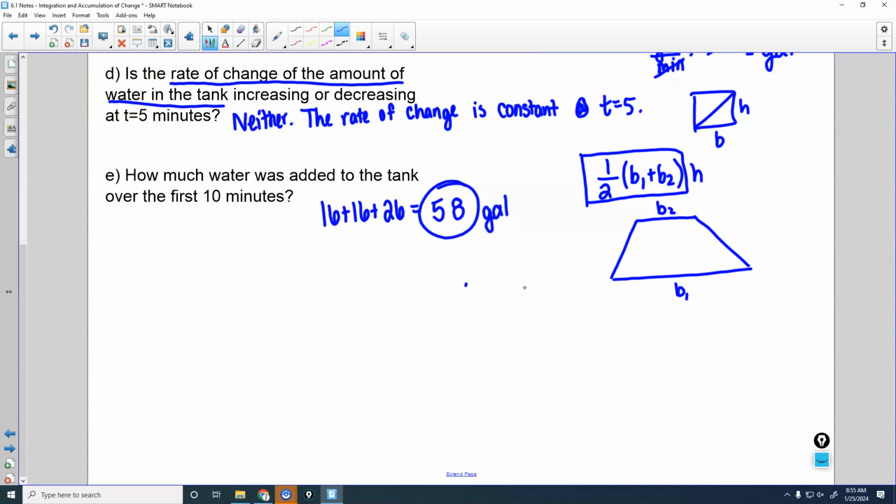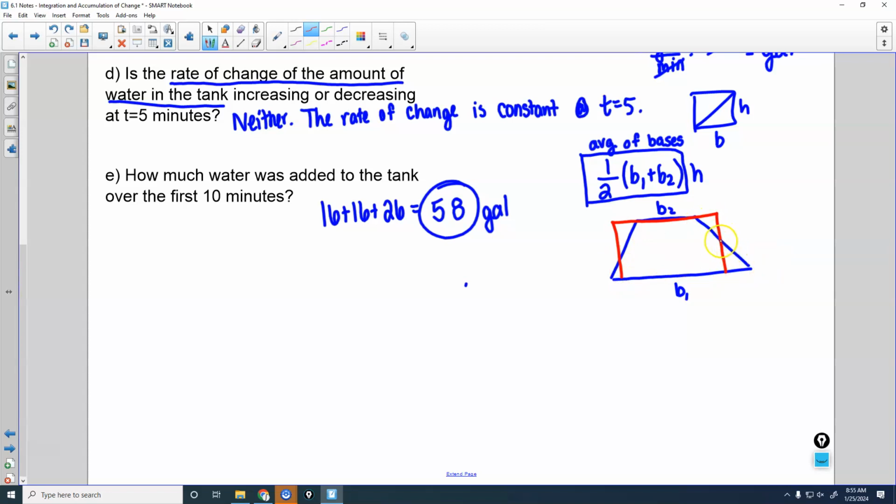If I add two numbers together and divide by 2, what is that? It's the average. This is the average of your bases times the height. So this is essentially finding the length halfway between B1 and B2, and making this a rectangle.